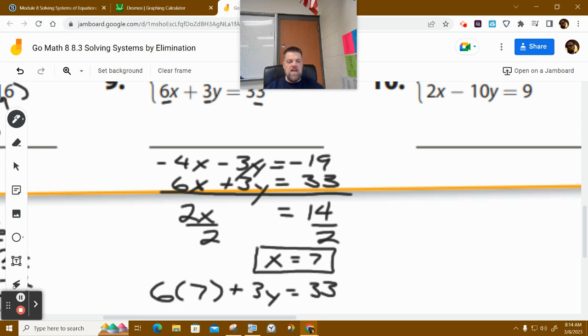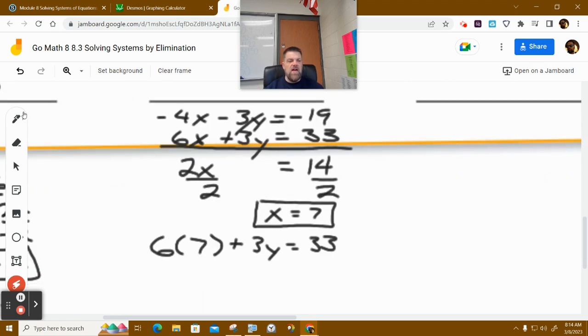So I'm rewriting it, except wherever there's an x, I'm plugging in a 7 for x. Okay? Then I have a y and a bunch of numbers. 6 times 7 is 42, plus 3y equals 33.